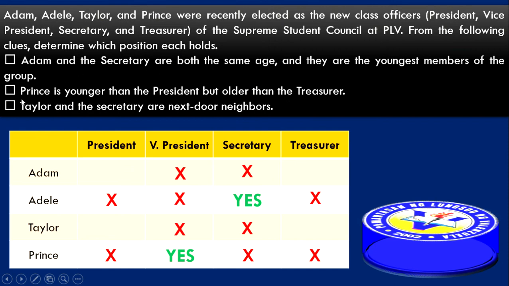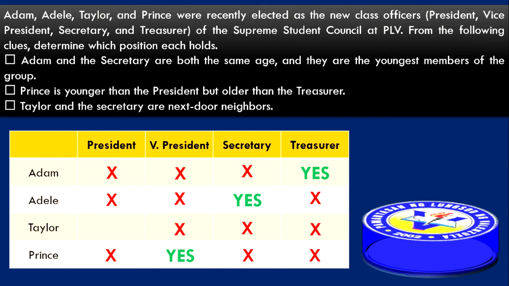So, if that's the case, Adam cannot be the president, since Adam is one of the youngest members. Therefore, if Adam is not the president, he is the treasurer. And then the remaining position, president, so our president is Taylor.